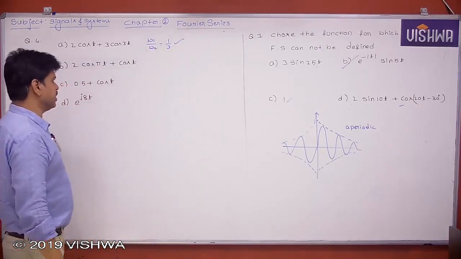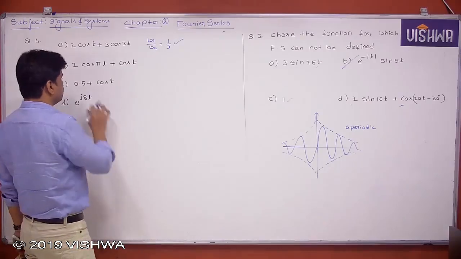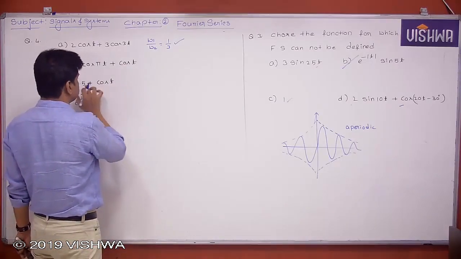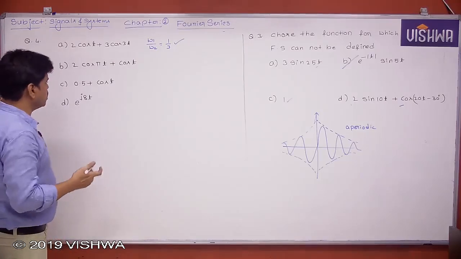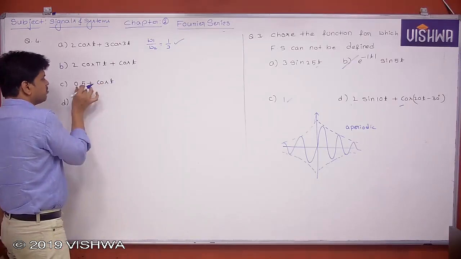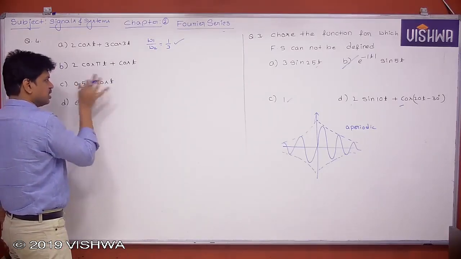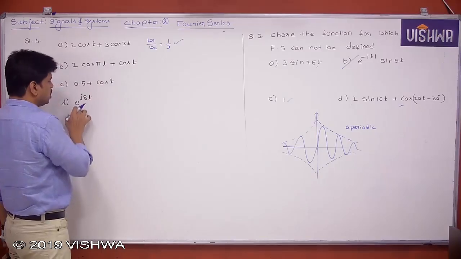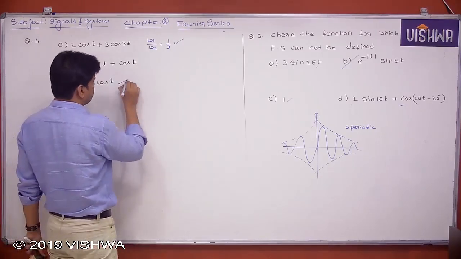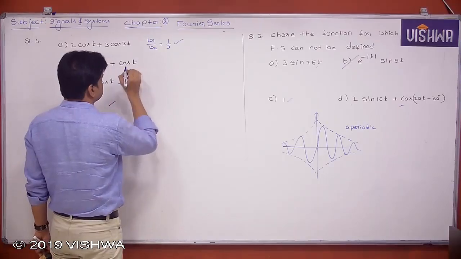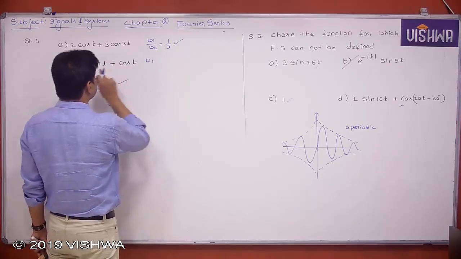So it is periodic. Next, it is also periodic because adding a constant does not change the periodicity of the signal. Since it is a periodic signal, if I add a constant, it is still periodic. E power j8t is also periodic. But for this one, what is omega 1 here? Pi.